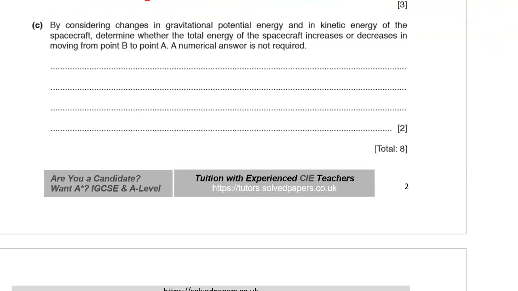Part C. By considering changes in gravitational potential energy and kinetic energy of the spacecraft, determine whether the total energy of the spacecraft is increased or decreased in moving from point B to point A. Numerical answer is not required.